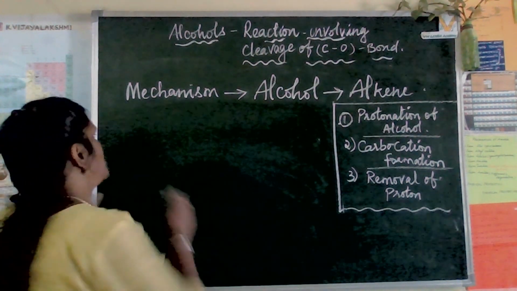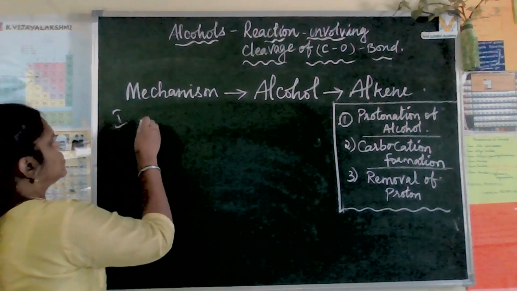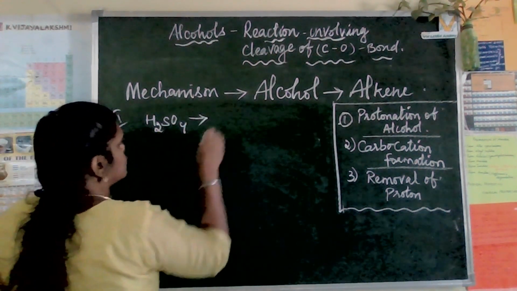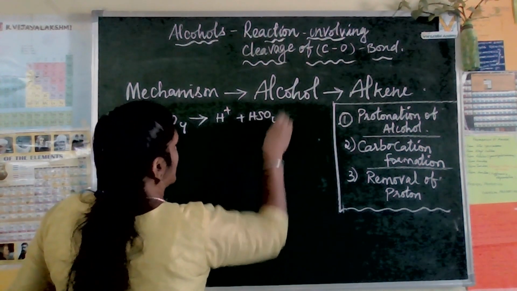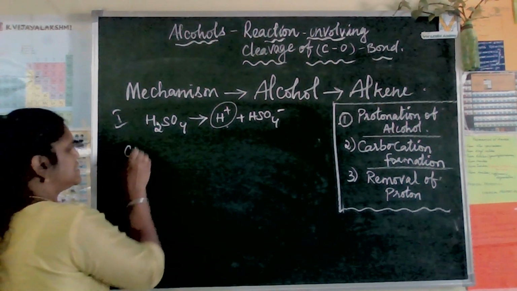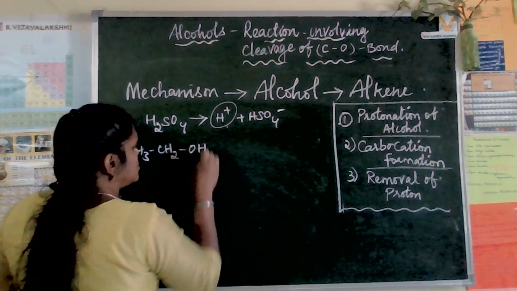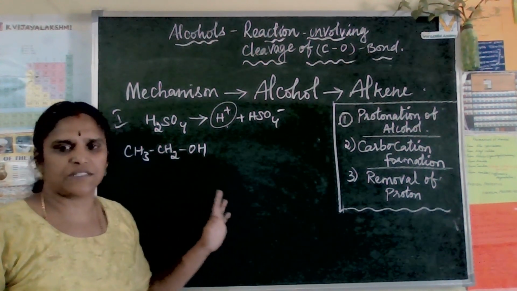It's so simple. The first step, how to get the protonation of alcohol. Here we have taken H2SO4. This H2SO4 converts to H plus and HSO4 minus. This proton is going to attach to the alcohol, CH3 CH2 OH. Generally, ethanol to ethene, many times they ask this question.